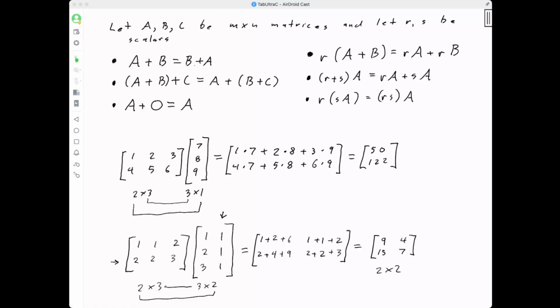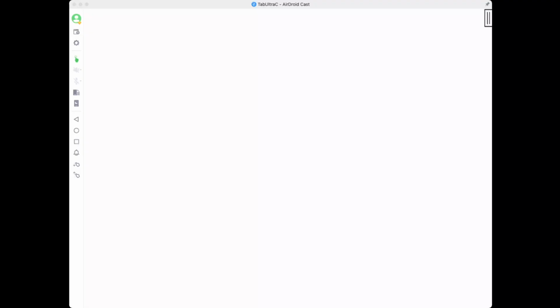So for matrix multiplication, if I want to take A times B, then if A is an M by N matrix and B is, let's say, an N by S matrix, then A times B is going to be an M by S matrix.